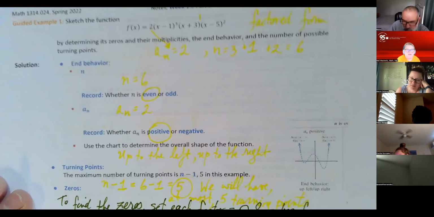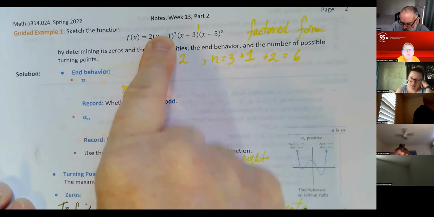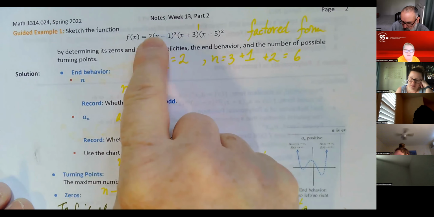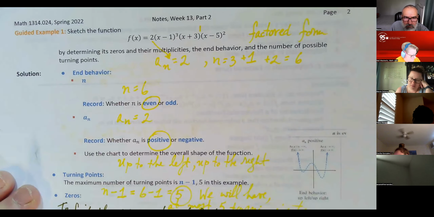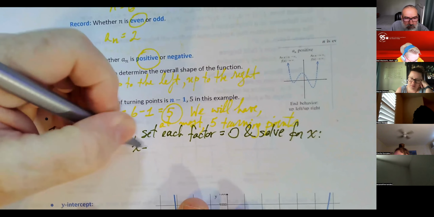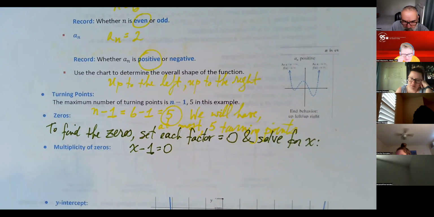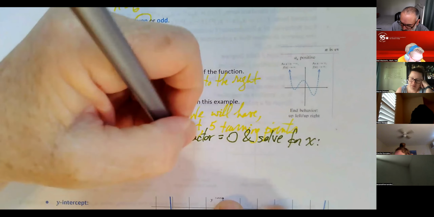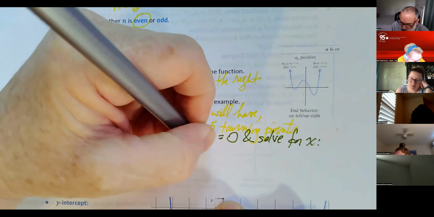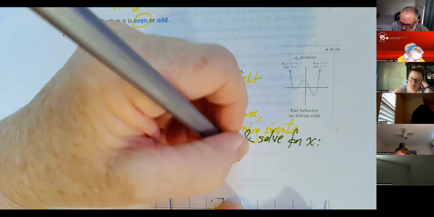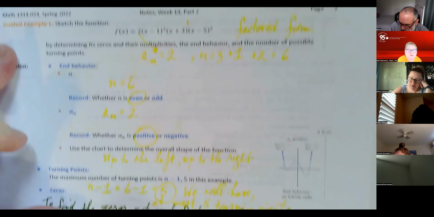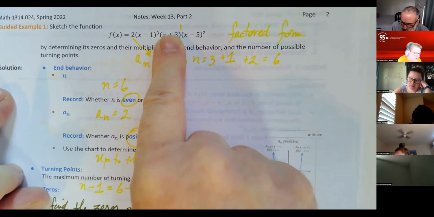Well, let's take the first factor. We're going to ignore the exponent and just take the x minus 1. So we have x minus 1 equals 0. If we solve that for x, what do we get? x equals 1. Good. Now let's take the factor x plus 3.